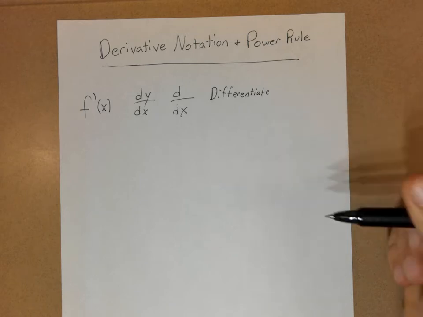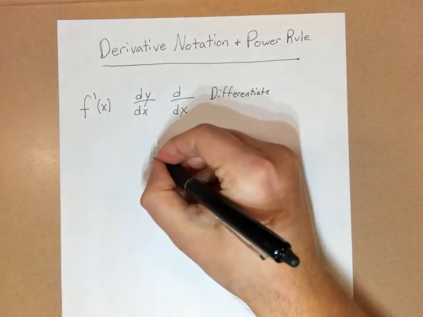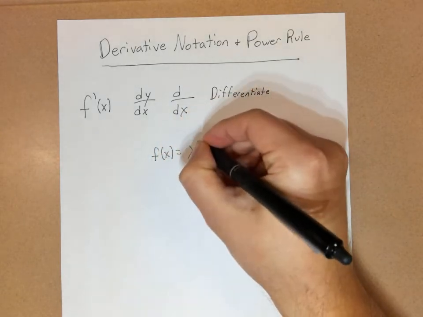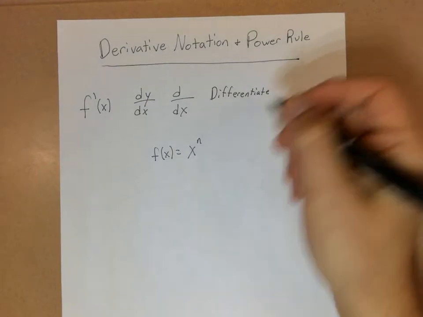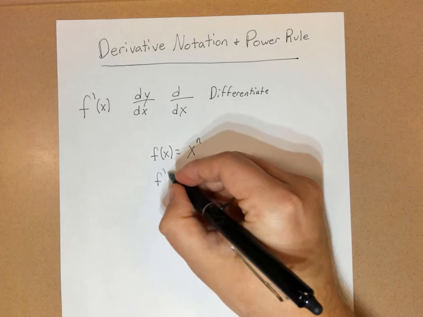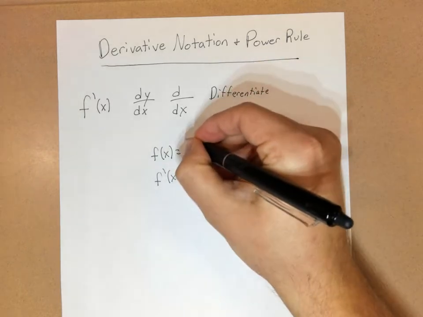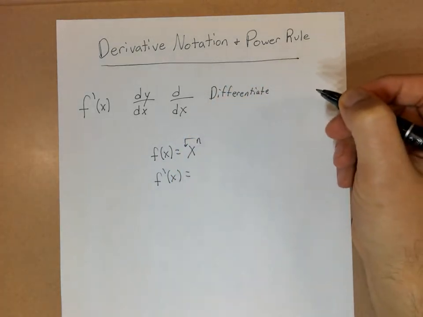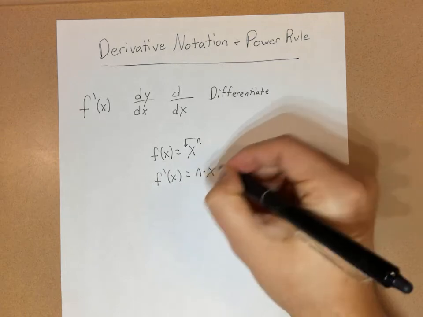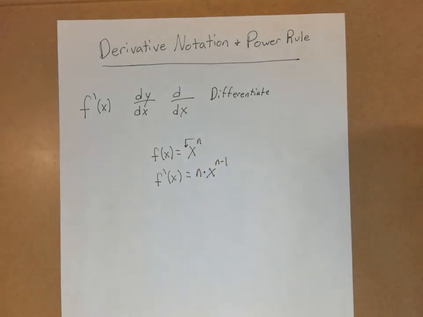So now what the power rule says is that if I have an equation, we'll say f of x equals x to the n power, what you can do for your derivative is basically bring this exponent out in front, so you multiply by your exponent, and then you subtract 1 from your exponent.